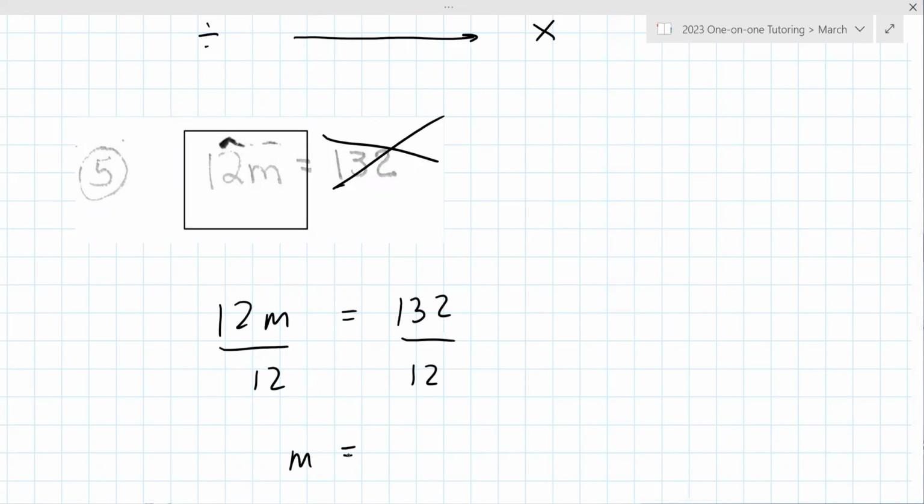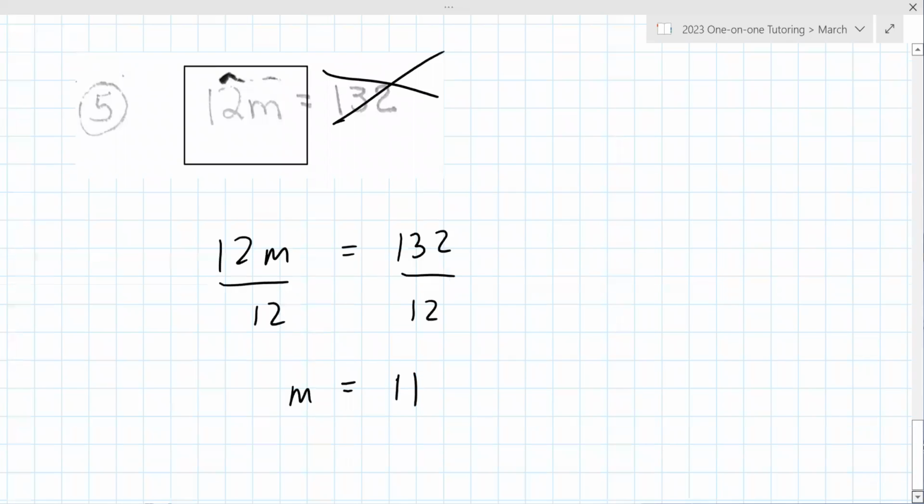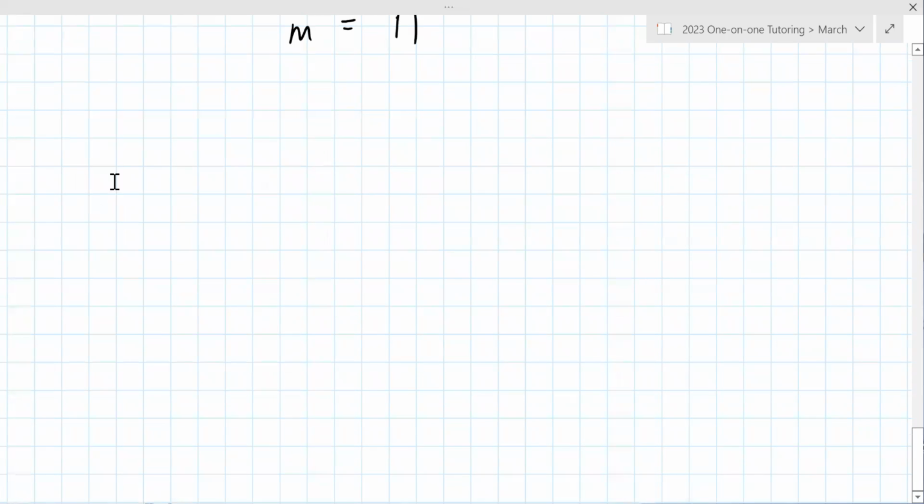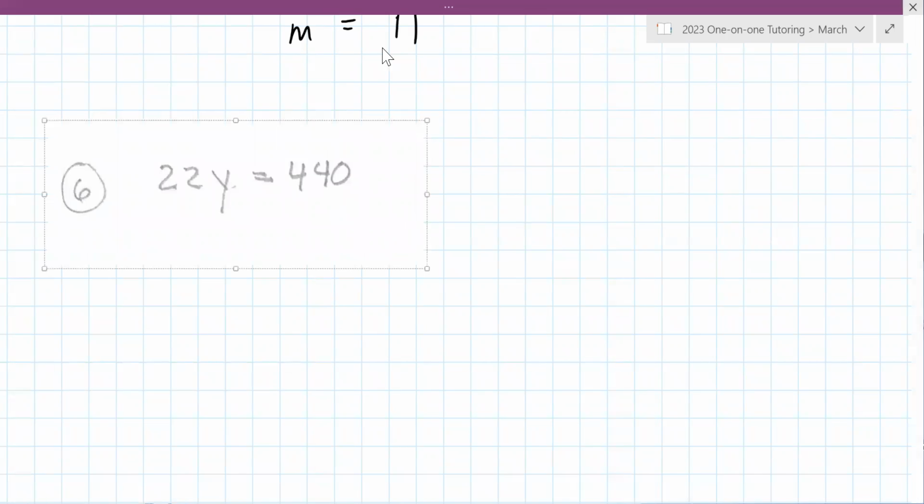It is 11. Very good. And also multiplication, so it's division. The 6 is really similar. Look at just the side with the variable.